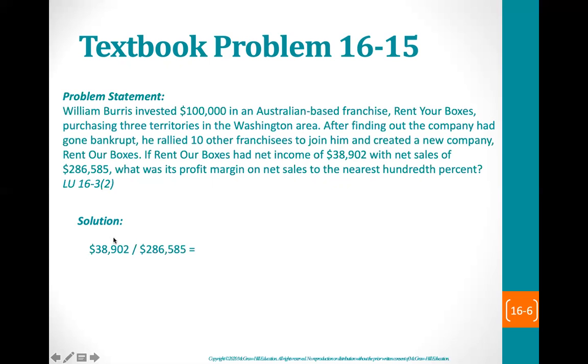So, if we had a net income of $38,902, and we had net sales of $286,585, our profit margin is 13.57%. The calculation for profit margin on net sales is net income divided by net sales.